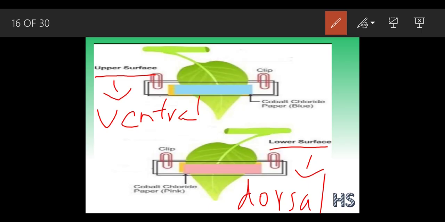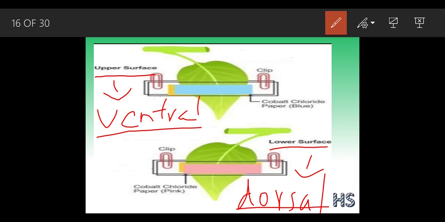So when we notice the ventral side, the blue dry cobalt chloride paper didn't change its color. Okay, it was blue only. But when we took the dorsal side, this cobalt chloride paper turned from blue to pink.